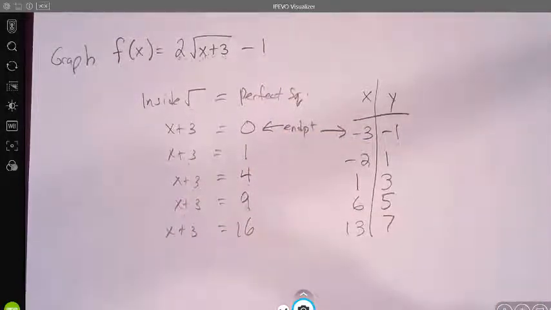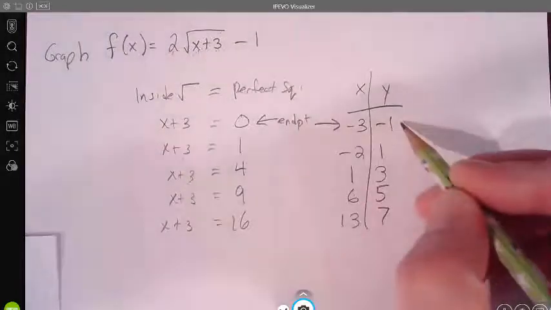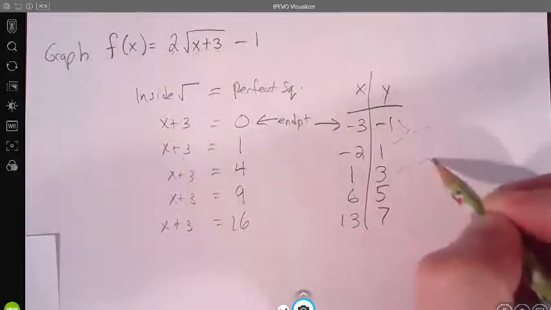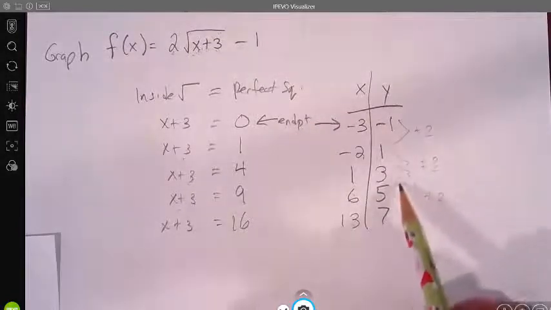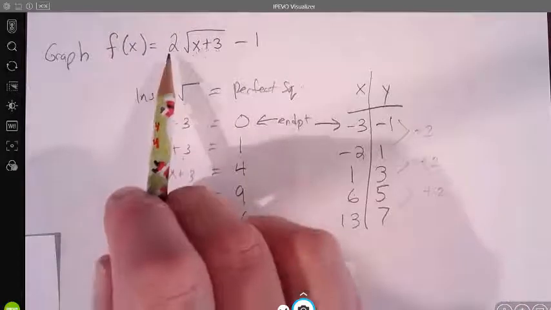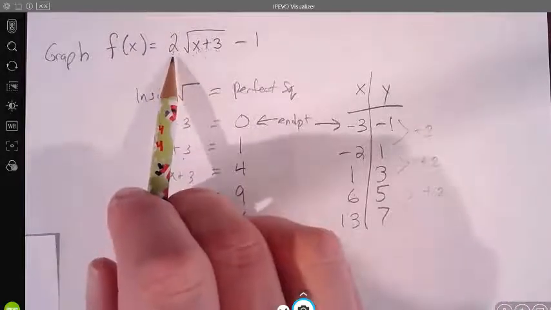You notice that the y-coordinates, since we picked these strategic values, are increasing by 2 every time, which is frankly baked into the equation with this multiplier out front.